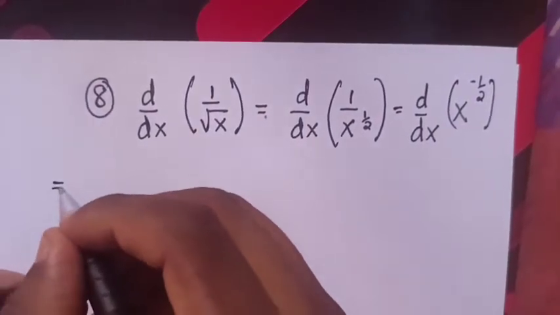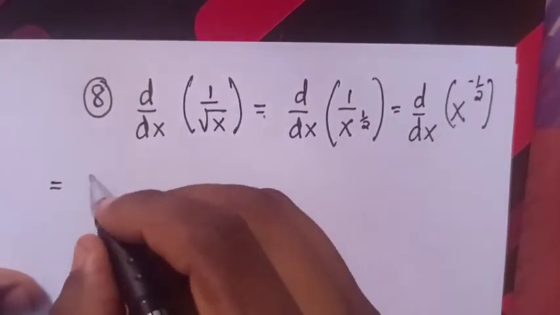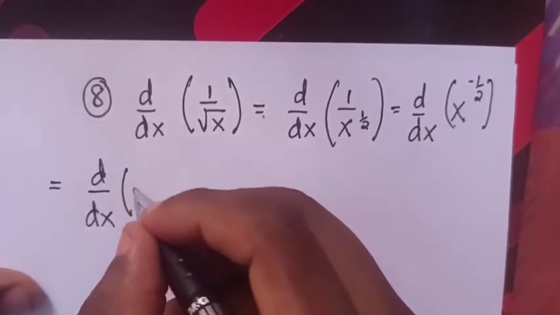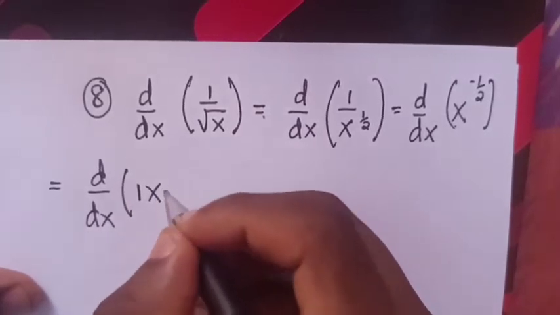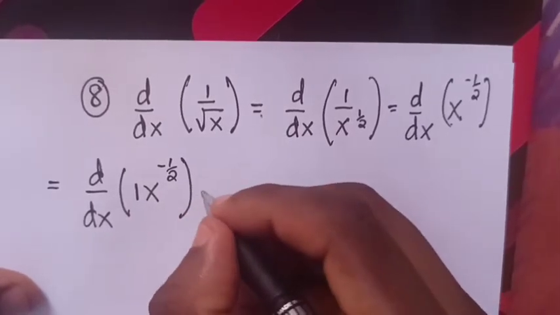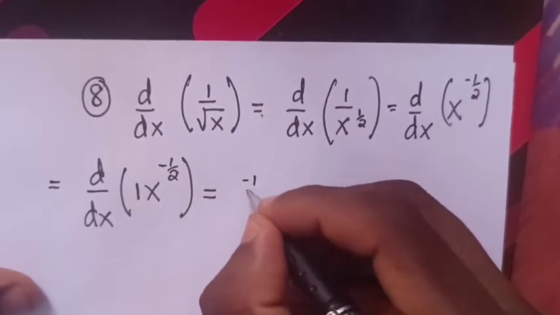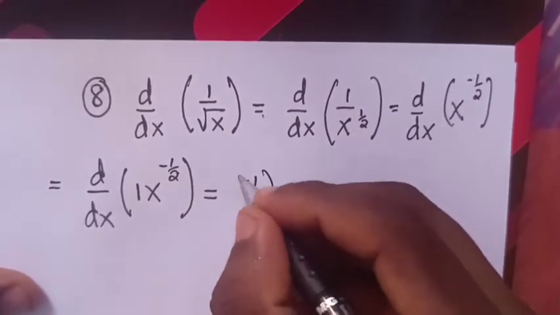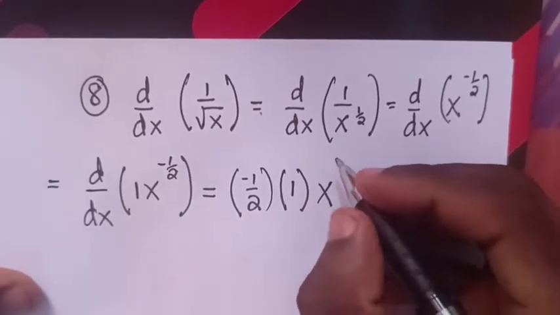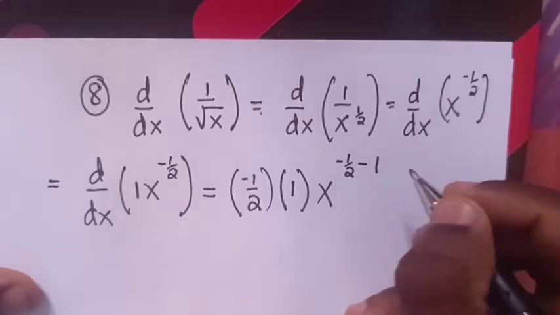Now this in the form of exponent and coefficient. So our coefficient will be 1 times x power of negative a half. Now let's derive. We write first the exponent, which is negative a half, times our coefficient, which is 1, x power of negative a half minus 1.